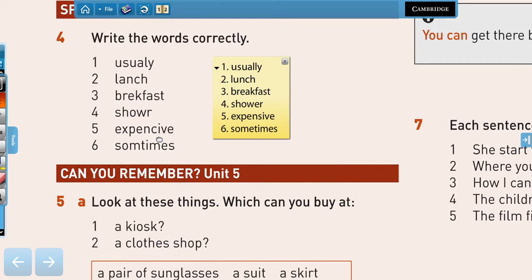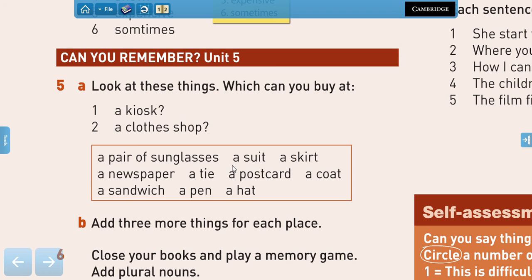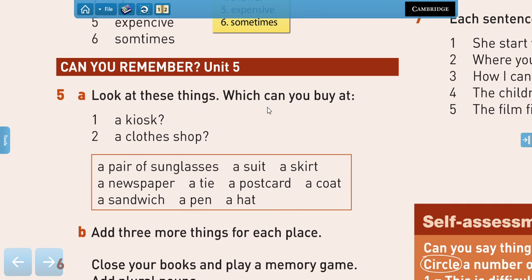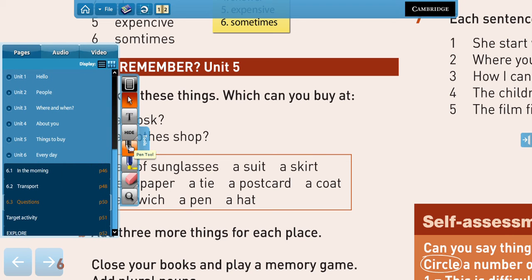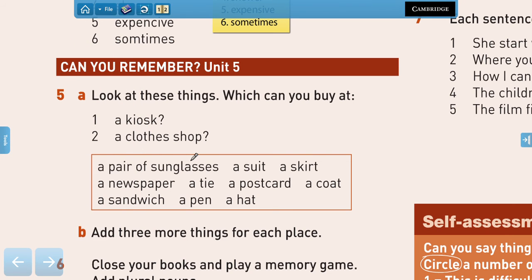Very good. Now look at these things. What things can you buy at a kiosk or a clothes shop? So we have a pair of sunglasses. This is in a clothes shop, right? Number 2. A suit, a clothes shop as well.